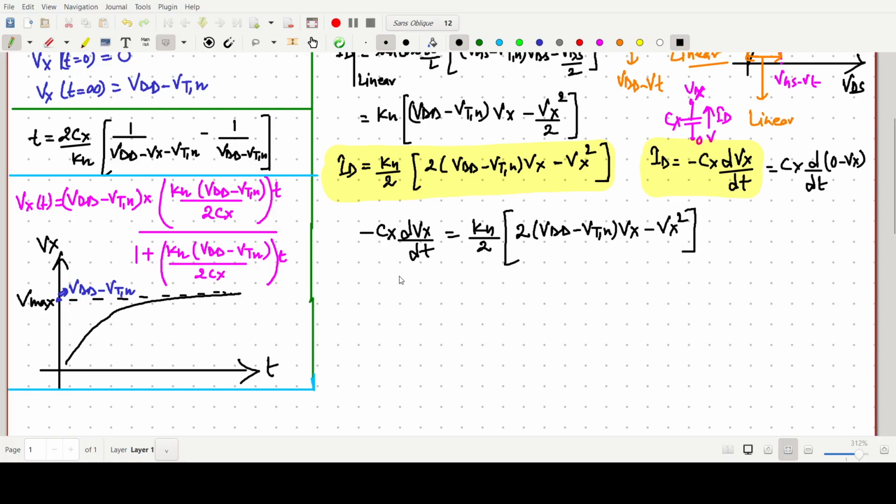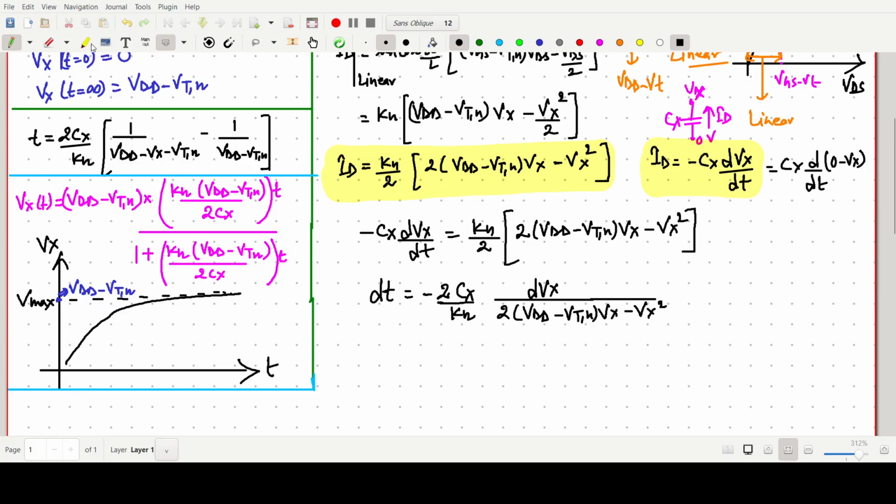So from this expression we can write dt equals minus 2 Cx by Kn, times dVx, over the whole term (2 (VDD minus VTN) Vx minus Vx square).